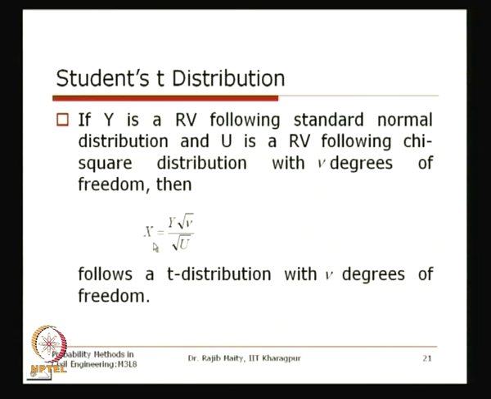This is known as the T distribution or student T distribution with degrees of freedom equal to nu.